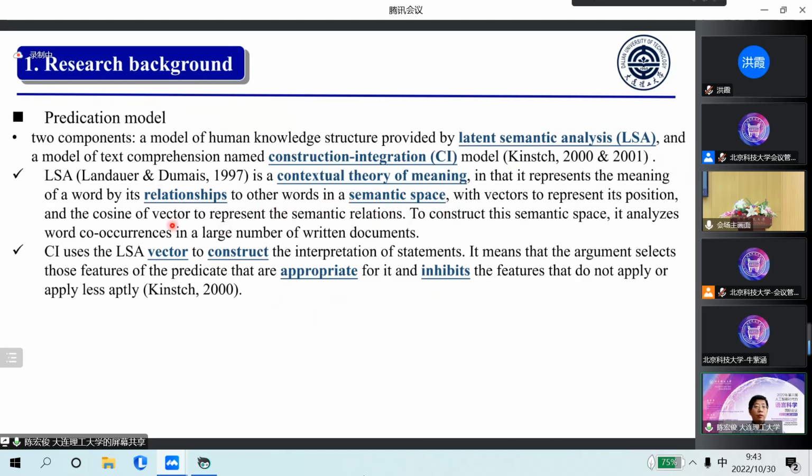CI uses LSA to construct the interpretation of statements. So it means that the argument selects those features of the predicate that are appropriate for it and inhibits the features that do not apply or apply less aptly.